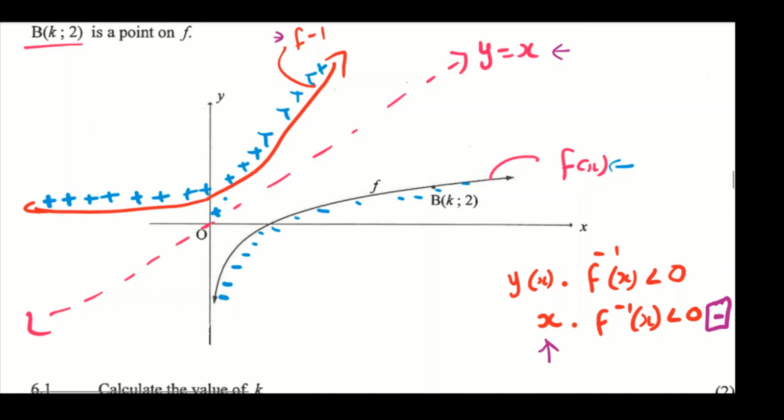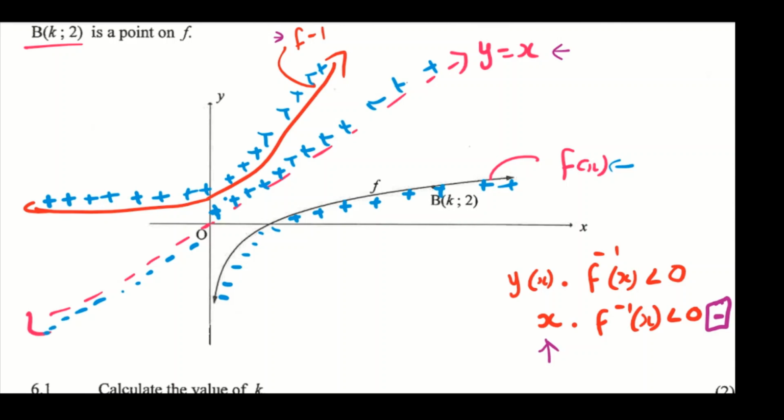Okay, I made a mistake here. I said y values are negative. Let me just indicate, for clarity purposes, the y values here are positive, right? Cool. So just by looking at this straight line, the y values are positive here, but here the y values are negative, right?